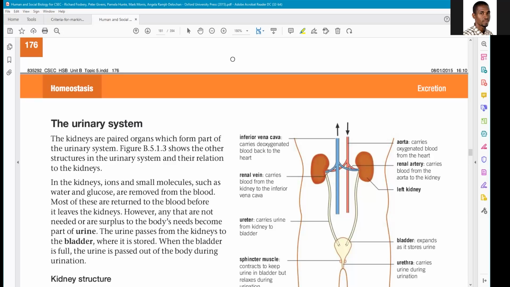Some persons only have one because they might have had some sort of kidney disease. Sometimes people get bladder infections that they don't pay attention to. They don't get them treated, and the pathogens travel up the ureter and affect their kidneys, causing kidney damage. You don't want that happening.